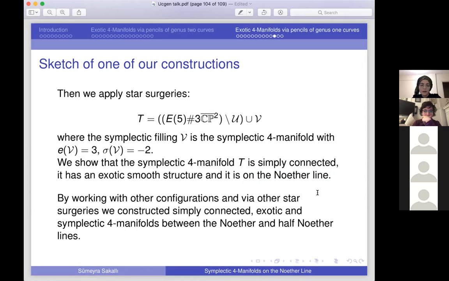And here, one interesting question might be, can you get such kind of manifolds lying below the half Noether line? And there are certain conjectures. There are some open problems. And we don't know the answers to those conjectures. And it would be interesting to come up with such manifolds below the half Noether line, in fact.